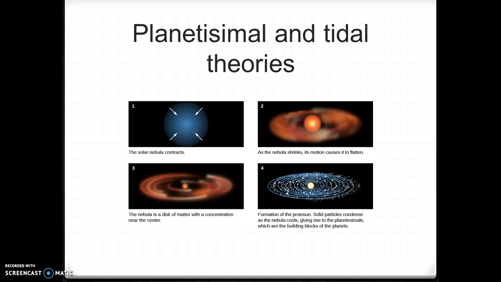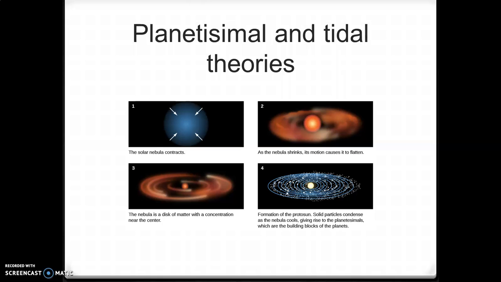They proposed that a star passed close enough to the Sun, creating huge tides and causing materials to be ejected. These smaller masses quickly cooled and became numerous smaller bodies called planetesimals. The accretion of planetesimals created the larger bodies, or the protoplanets.